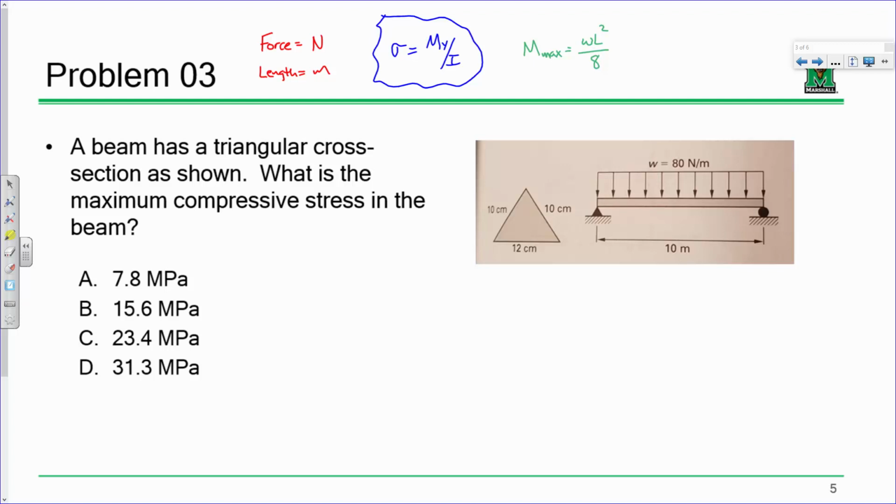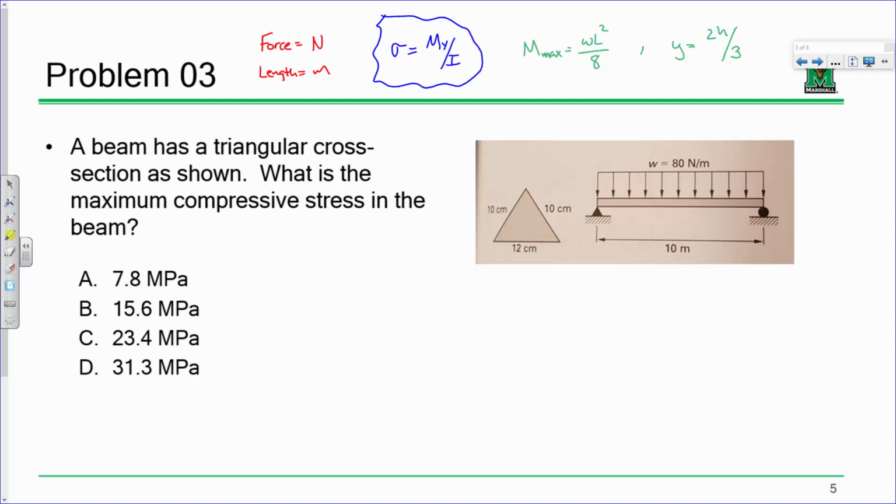If here's the centroid, I want the distance from the centroid to the very, very tippy top of the beam. If it was asking for the extreme tensile stress, I would go from the centroid to the very bottom. Make sense? And so for a triangular cross-section, that y is 2H/3.